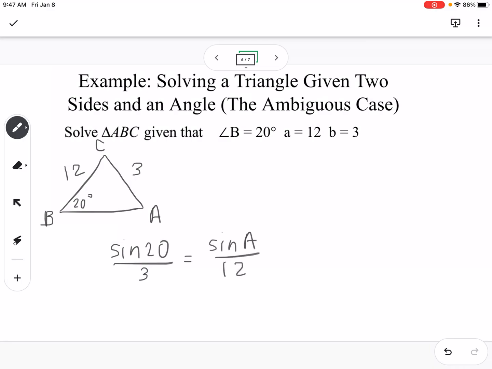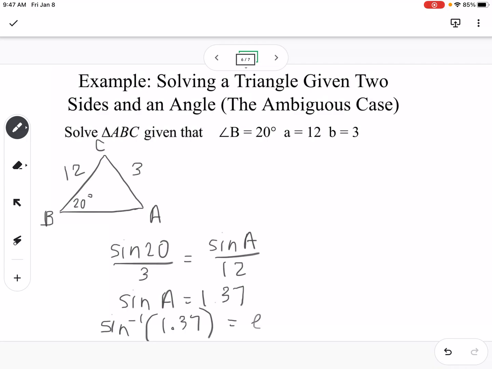So when you cross multiply and divide, you get that sine of A equals 1.37. And if you try to do the inverse sine of 1.37, we know that sine only goes between -1 and +1. So we can't take the inverse sine of a number that's bigger than 1.